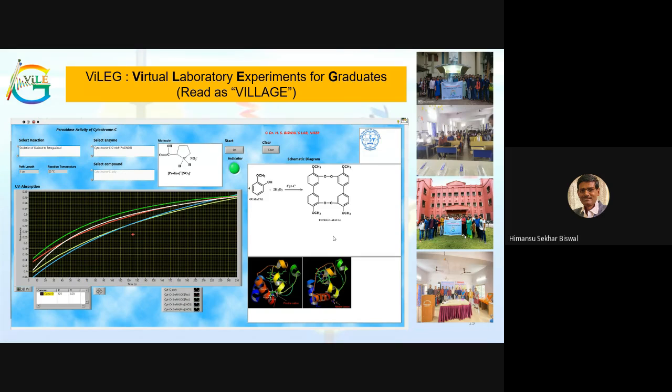Instead, you can show what is happening, with photos and all the stuff. In one module here we have studied enzyme kinetics, and we go to the colleges and schools so you can use this virtual software to visualize those experiments.